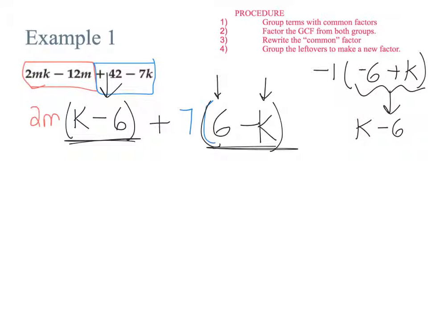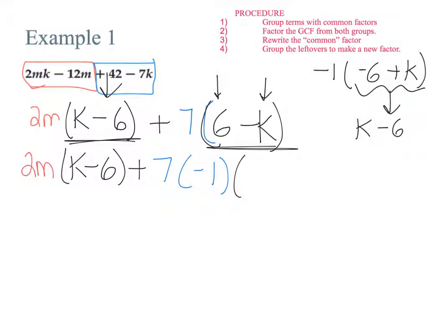So I'm going to rewrite 2m times k minus 6 plus 7. Now I'm going to include that negative 1, and I'm going to rewrite 6 minus k as k minus 6. All I did to make these two pieces the same was factor out a negative 1 from one of them.